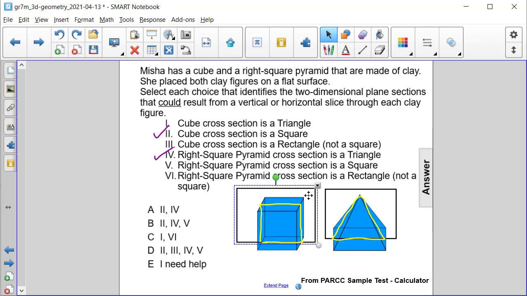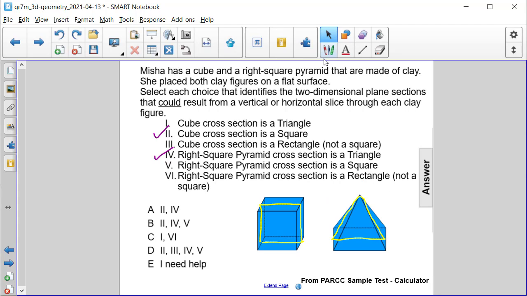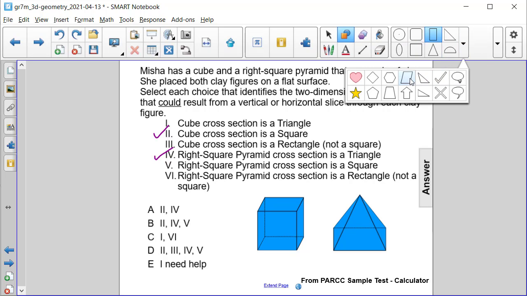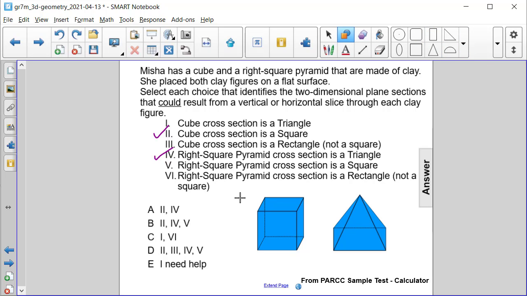Okay, so let's try to redraw cross-sections in a different way. Let's try horizontal cross-sections. And horizontal cross-sections usually look like a parallelogram when they're drawn here.